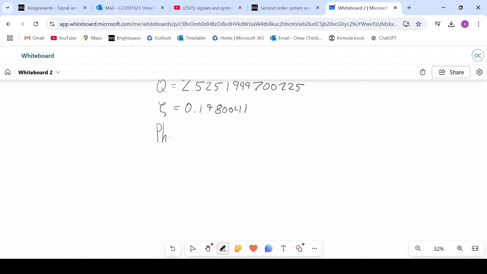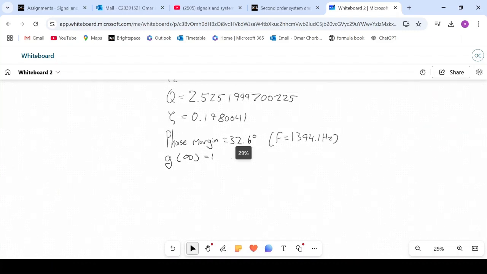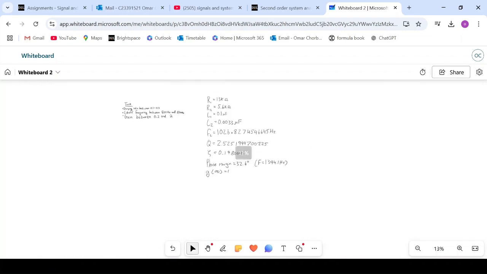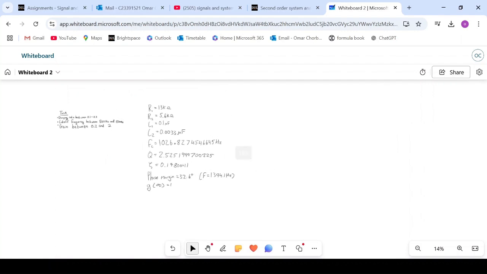Next is our phase margin, and this will be 32.6 degrees at frequency 1394.1 hertz. And then last is our gain. This will be equal to 1. So these are all our component values.